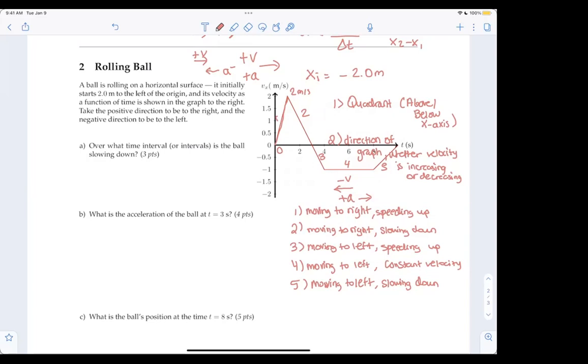Now, since obviously this part here is slowing down, we know we're going to be pressing on the brake pedal, and continually pressing on the brakes, at a constant acceleration, because this is a constant slope. So at 2 seconds, I'm at 1 meter per second. At 3, I'm at 0, right?